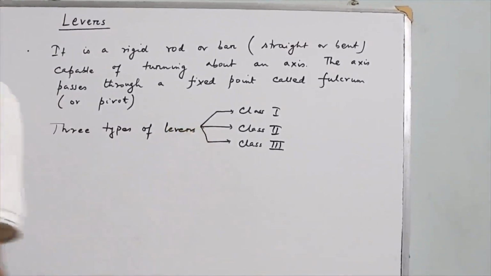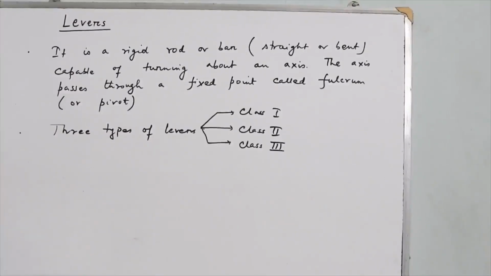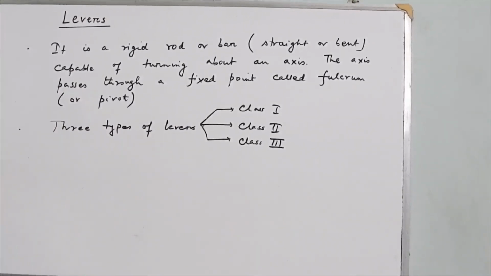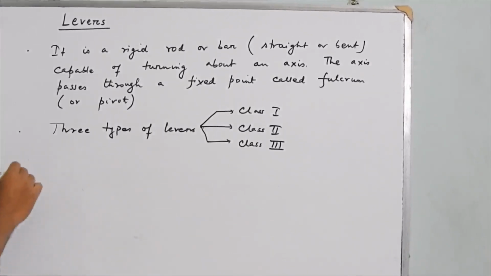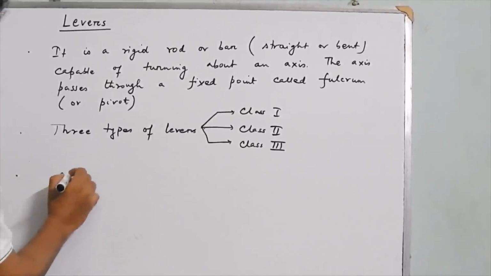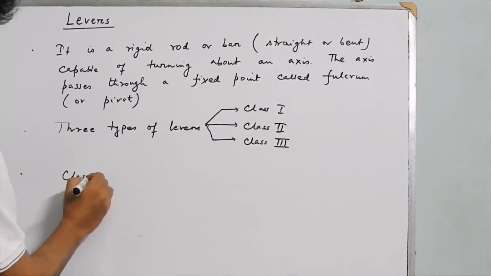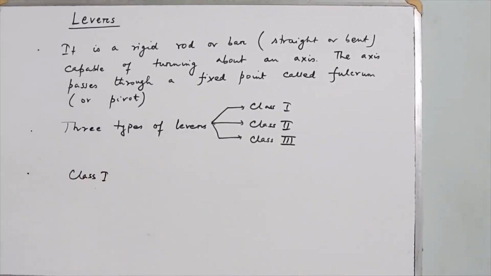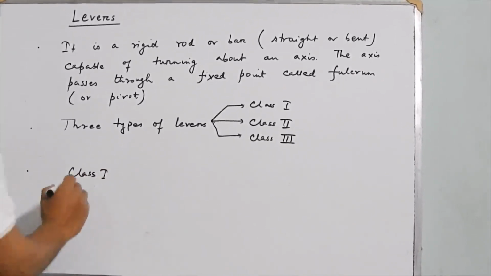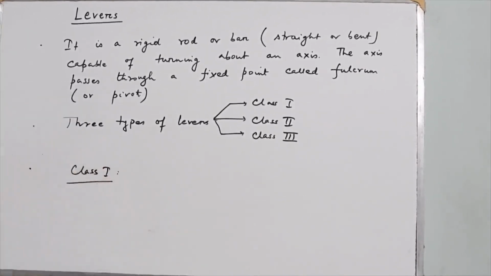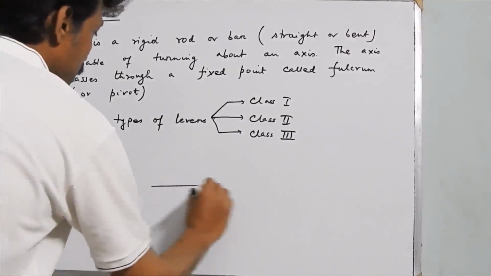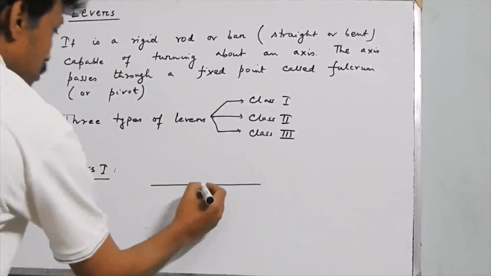So with respect to the fulcrum, the effort applied and the load that the lever can lift, class 1 lever refers to the situation where the fulcrum is always between the load and the effort. So a simple class 1 lever will be of this type. Suppose the fulcrum is somewhere between.